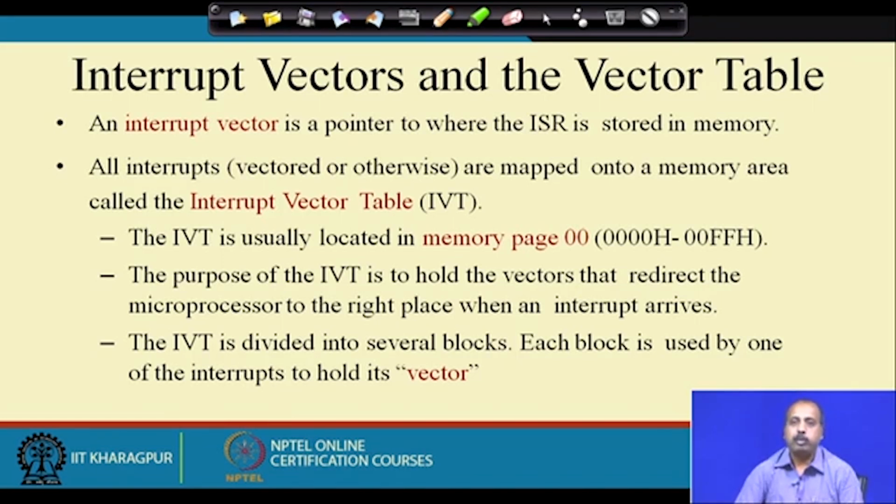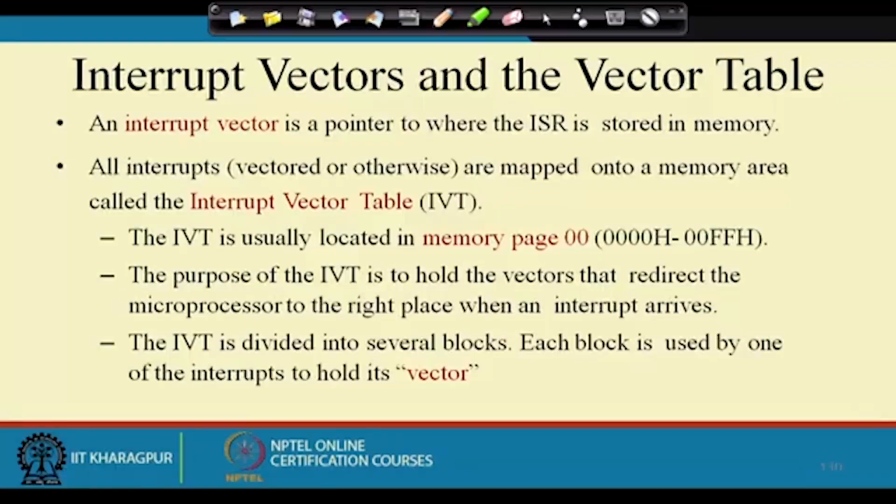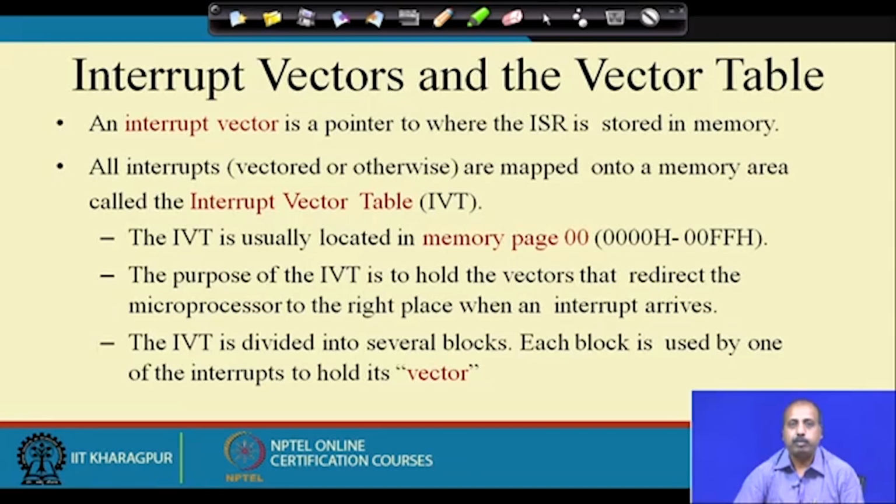It will come to memory location 44, and from 44 onwards it will expect the interrupt service routine for 5.5 to be located. After 5.5 I have 6.5, which will start at 48 plus 4, that is 52.